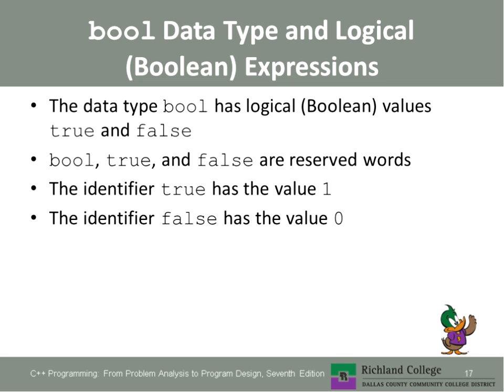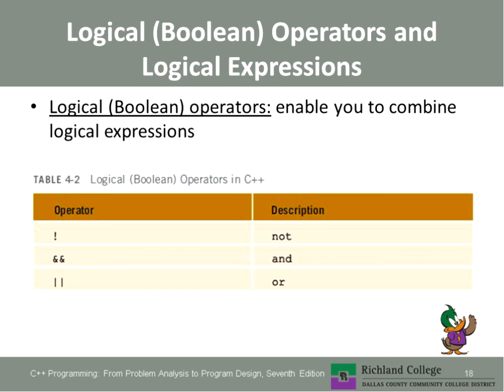The Boolean data type has two states, where 1 is true and 0 is false. Now bool, B-O-O-L, true and false are all reserved words, so you cannot use them for your variables or identifiers.